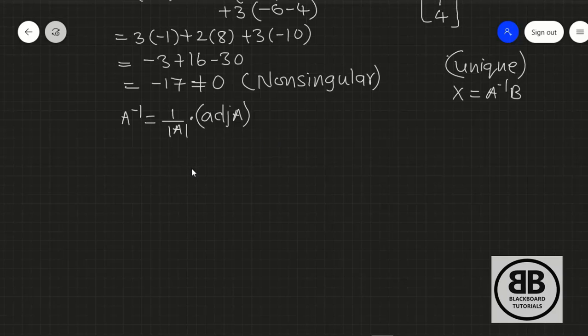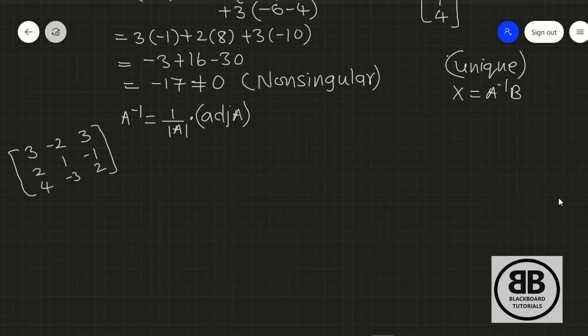Our matrix, I will write here, our matrix was 3, minus 2, 3, 2, 1, minus 1, 4, minus 3, and 2. So see, we have to find cofactors.